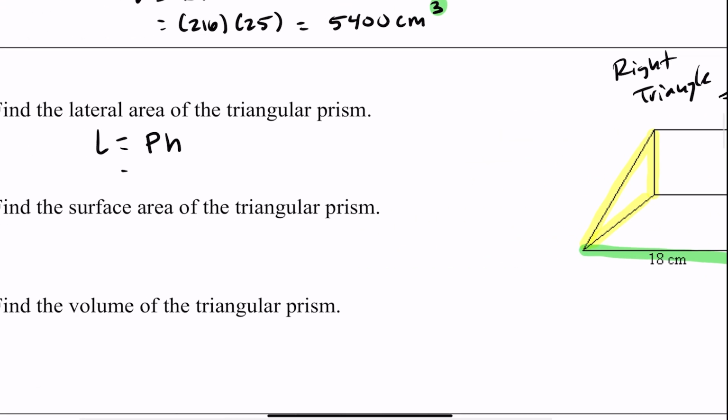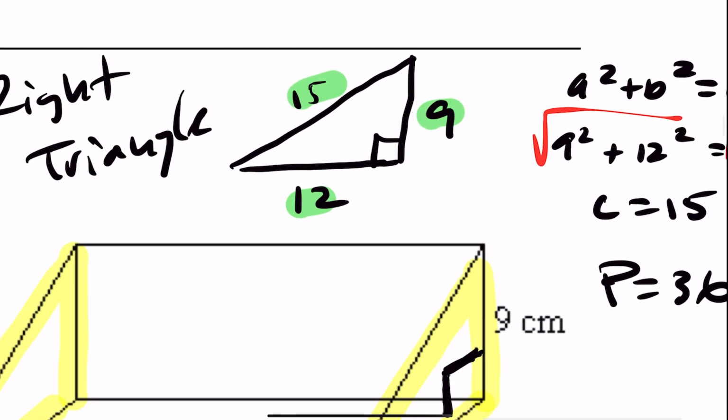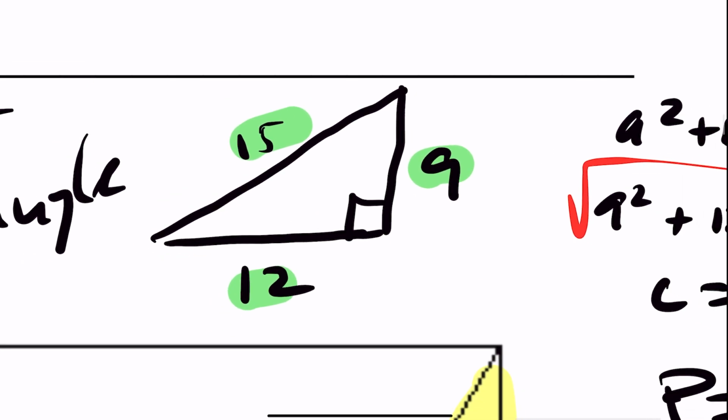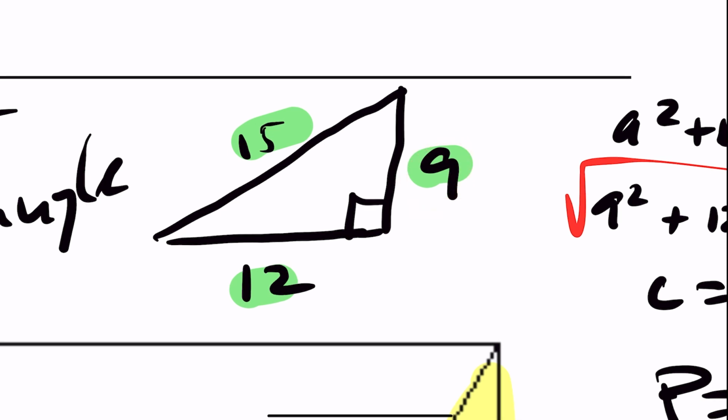So I can replace the capital P with 36 there. Now what? The height. So H, remember, if I'm looking at the right triangle, H is indeed the height of the right triangle if you're trying to find the area. Okay?